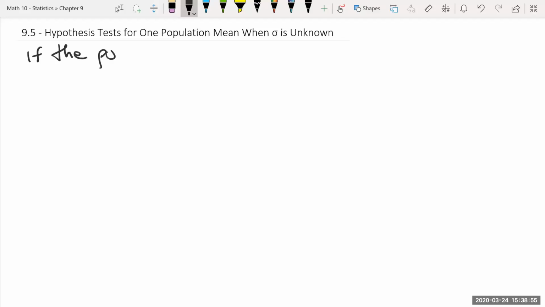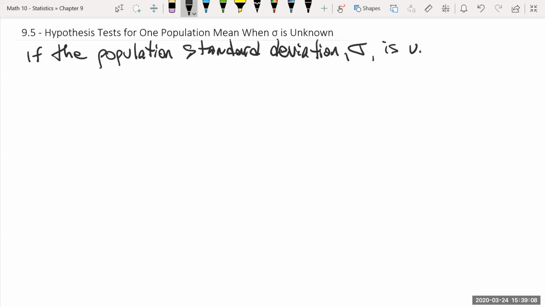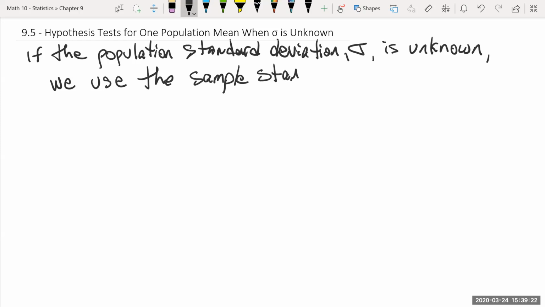If the population standard deviation sigma is unknown, we use the sample standard deviation S and a t-test.